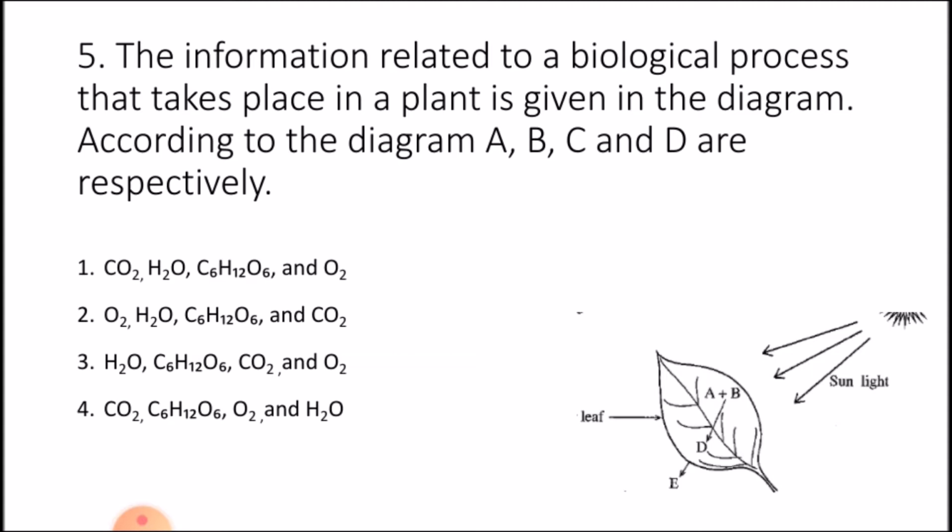Photosynthesis means carbon dioxide and water molecules react to form glucose in the presence of chlorophyll pigments and solar light. Therefore, A and B are carbon dioxide and water, then C is glucose, and D is oxygen. Therefore, the first one is the answer.